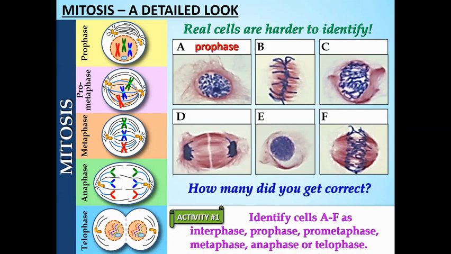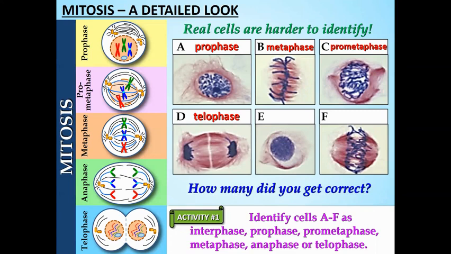Ready? So there A was prophase. Is that what you got? Okay, what about B? What do you think? Which one does it look the most like? Metaphase? Hopefully you got that one right. Okay, what about C? Not sure. Oh, prometaphase. D? D's pretty easy.